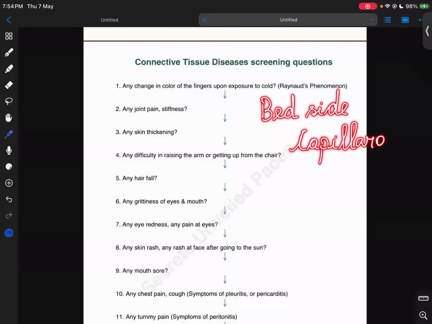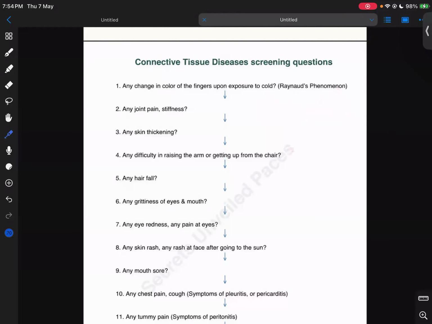By doing the bedside capillaroscopy, you will differentiate Raynaud's phenomenon from Raynaud's disease. Raynaud's disease will be symmetrical and bilateral, but Raynaud's phenomenon will be asymmetrical. You cannot make the diagnosis unless you check the blood vessels under the capillaroscope with oil. So you have to offer that. You don't have to do that examination, you just have to offer it.